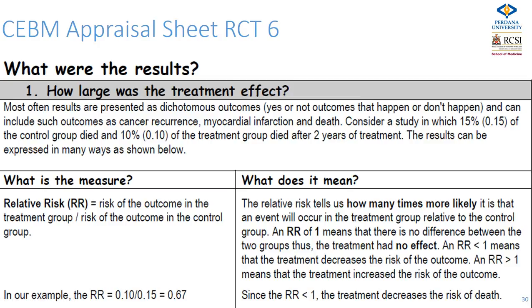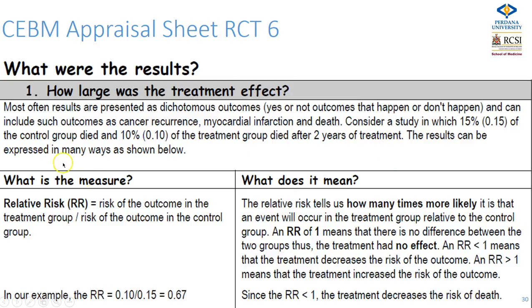And first of all, you need to look at the results and see the effect of the treatment. What is the size of the treatment effect? So you're looking at ways of expressing the treatment effect results. For example, in a study in which 15% of the control group died and 10% of the treatment group after 2 years of treatment, how could these results be expressed?